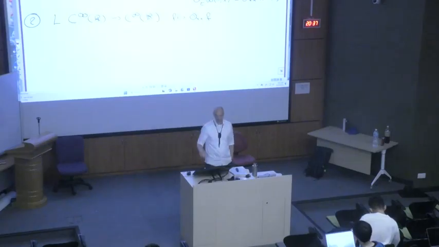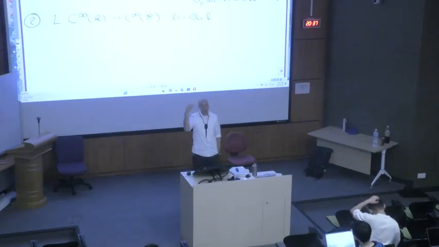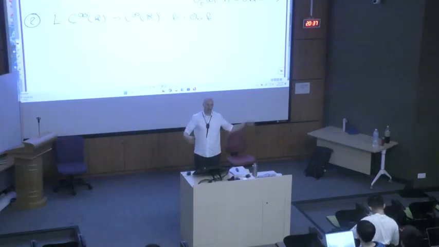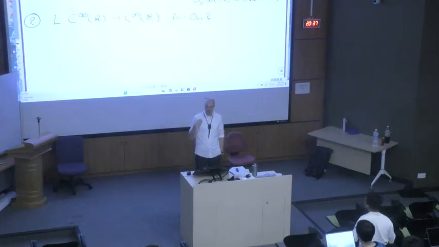So L is an operator, a linear mapping from this infinite dimensional space of smooth functions to the space itself. I take a function, I differentiate it twice, that's what L outputs. It takes a function as input and outputs a function.